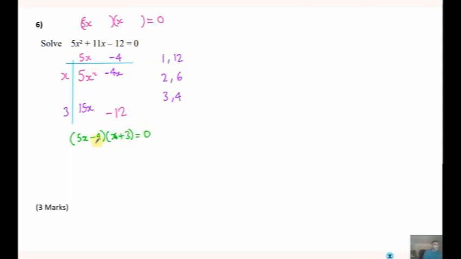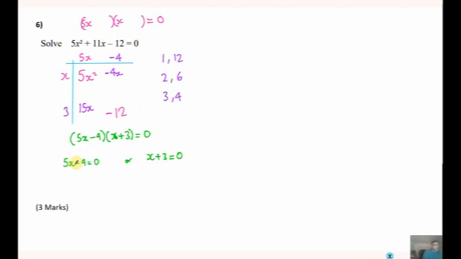Now, to solve it from here, the same kind of thing. If two brackets multiply to give you 0, that means one of these two brackets has to equal 0. So either 5x minus 4 equals 0, or x plus 3, the second bracket, is equal to 0.